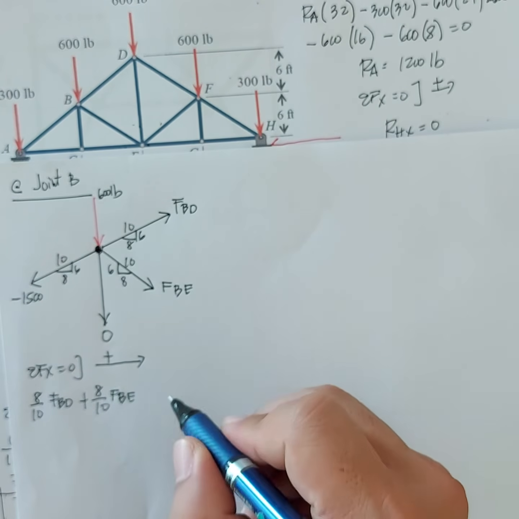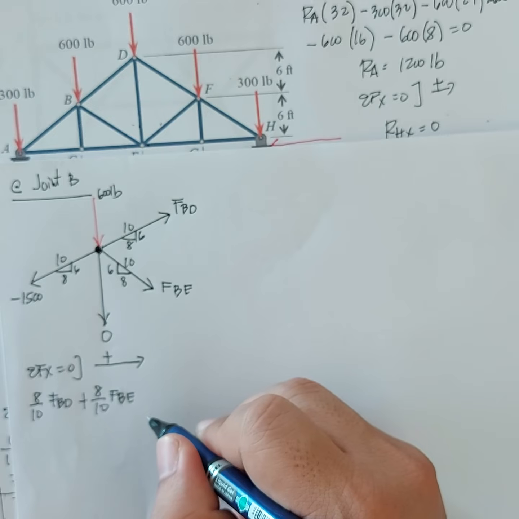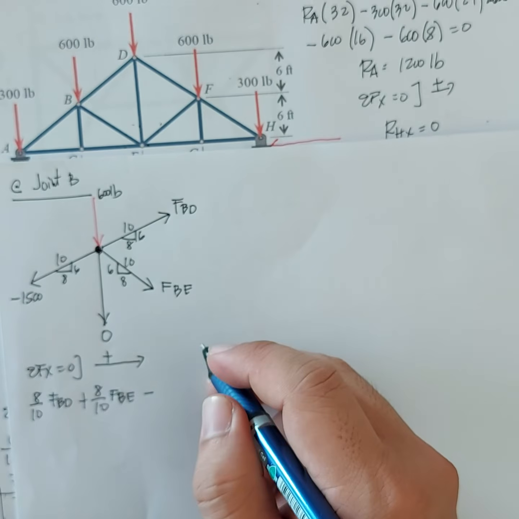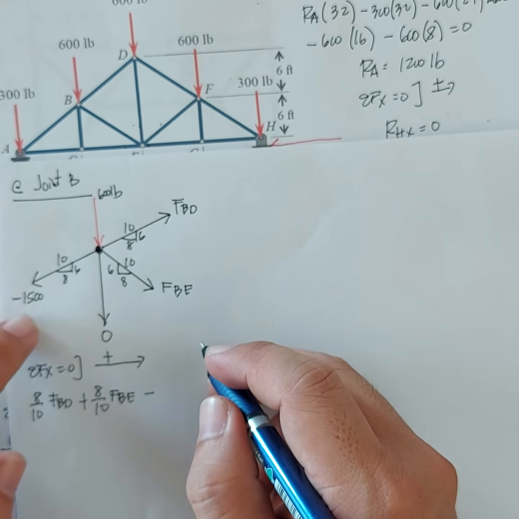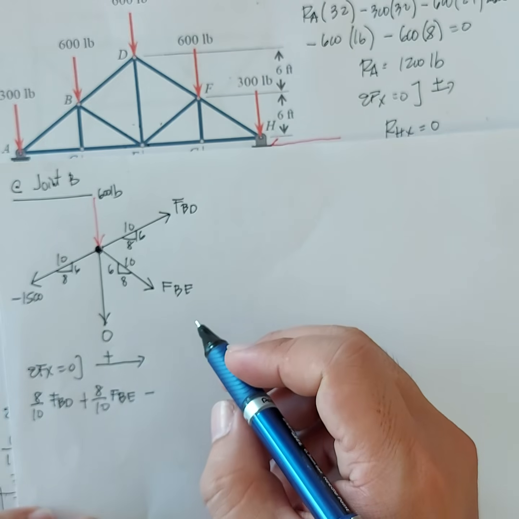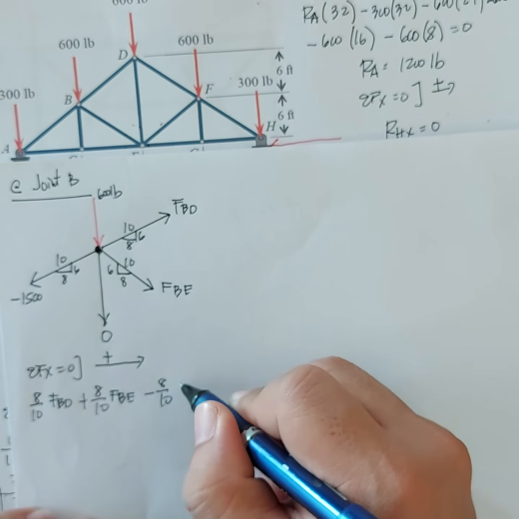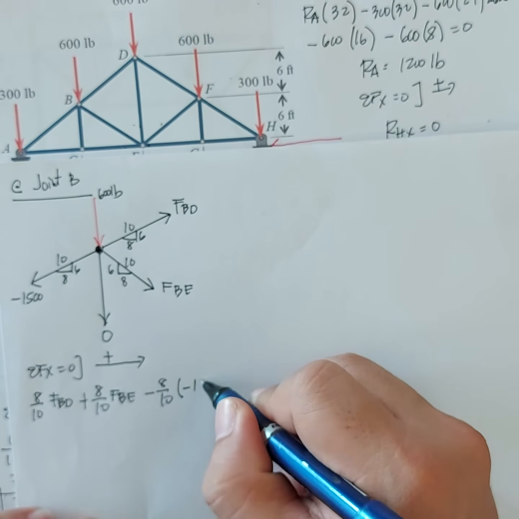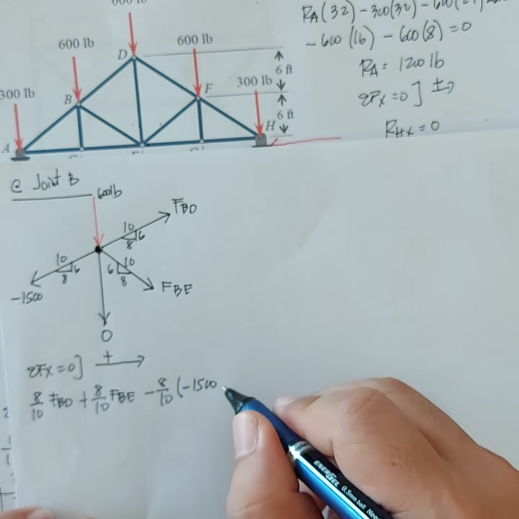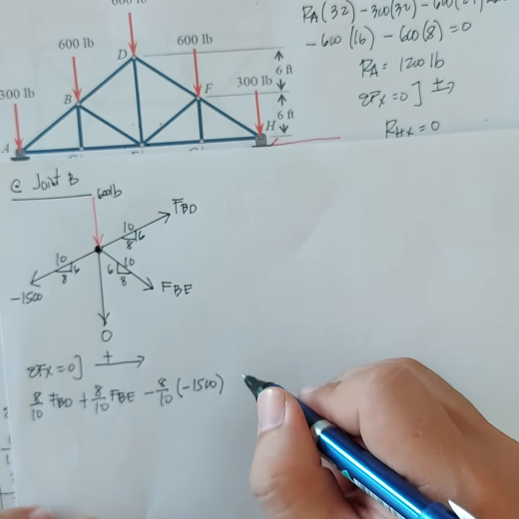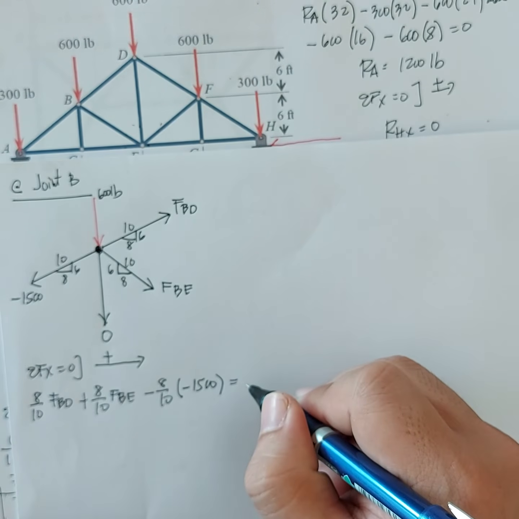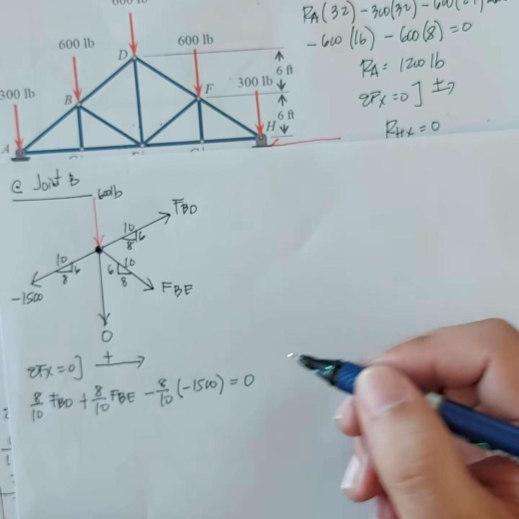Positive. And then we also have minus horizontal component nito, 8 over 10 of negative 1,500 is equal to 0. Okay, so yeah.